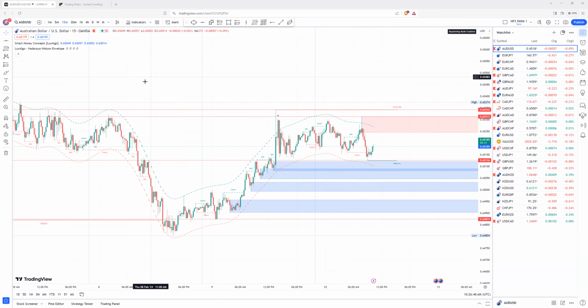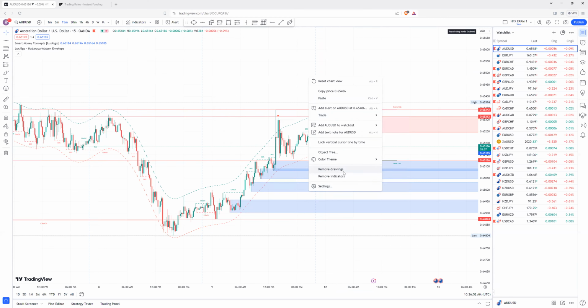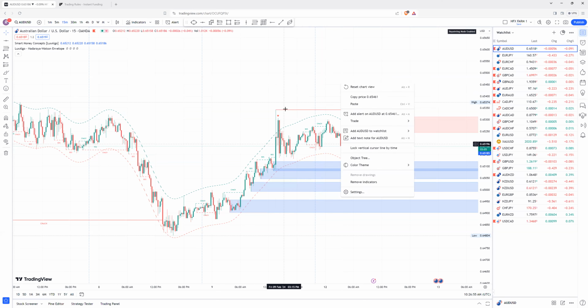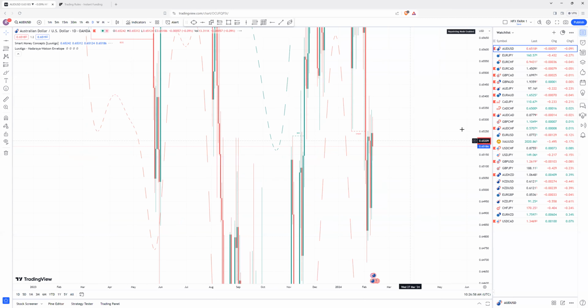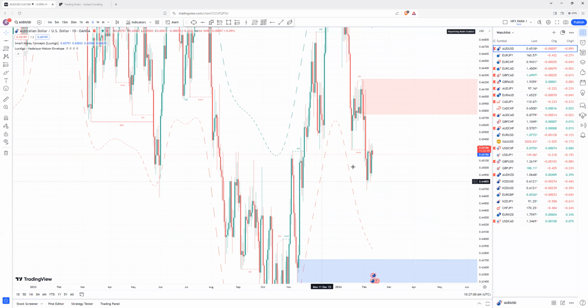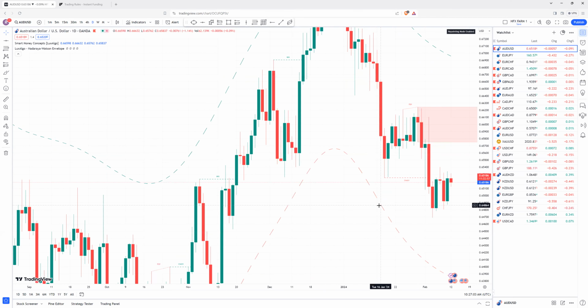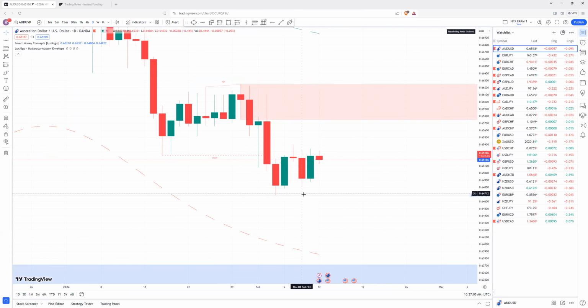I'll take it all off. Start all over again. What we used to do is look for support and resistance from the previous daily candle, 4-hour candle, and an hour candle.